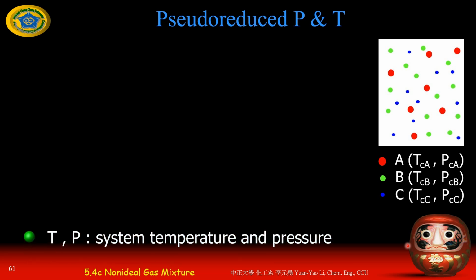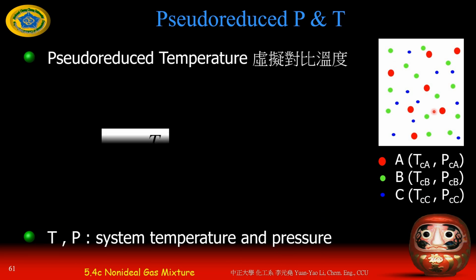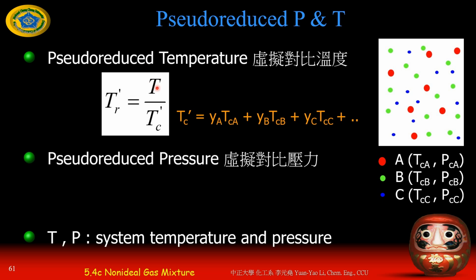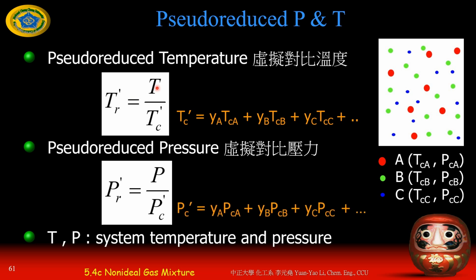So T and P are the system temperature and pressure, right? So how to get the pseudo-reduced temperature? Once you have pseudo-critical temperature, it is easy. So TR prime will be equal to T divided by TC prime. You already know the temperature. And then pseudo-reduced pressure will be PR prime equal to P divided by PC prime.